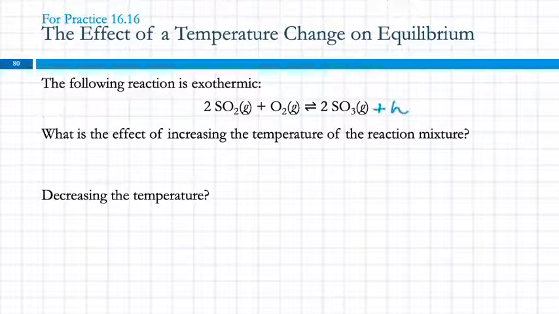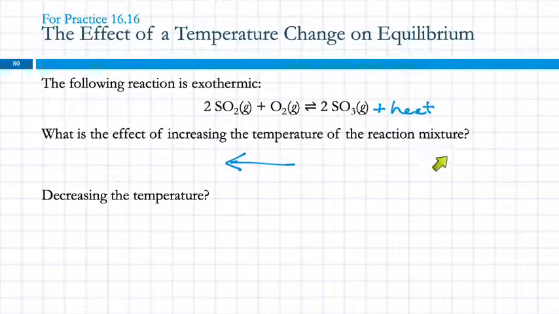So plus heat. So increasing the temperature is adding heat. Adding product makes it go to the left, right? To the left, correct? What about decreasing? Decreasing the temperature means I'm taking heat away, and it's going to shift to the right.